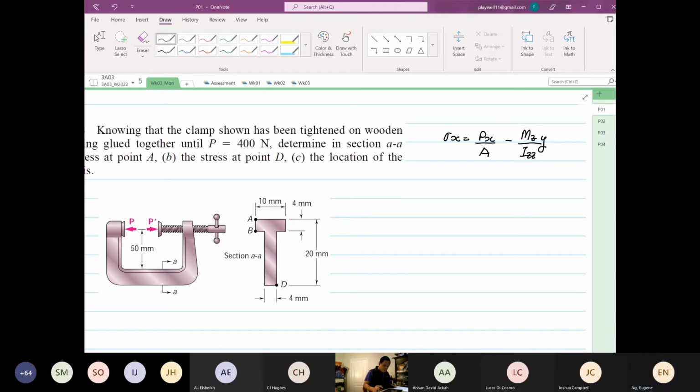Right, so we know that in eccentric loading, there are two stresses induced by two loading conditions. One is the axial load, and the other one is based on bending moment.